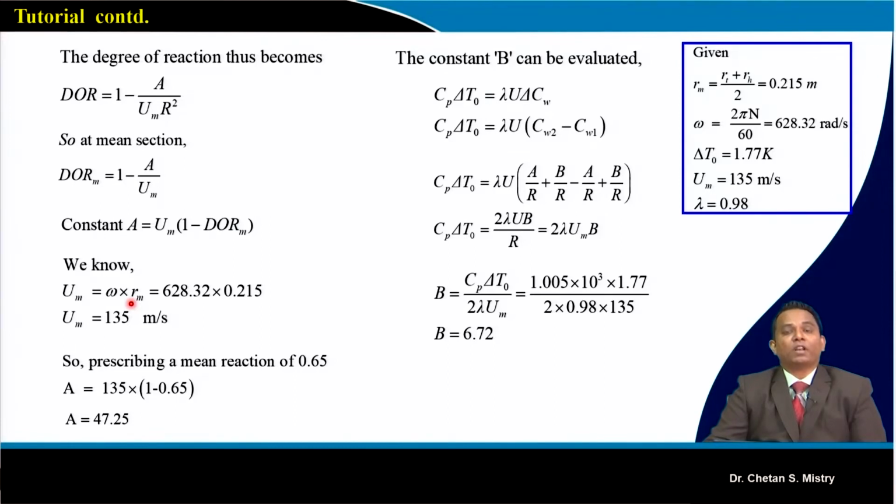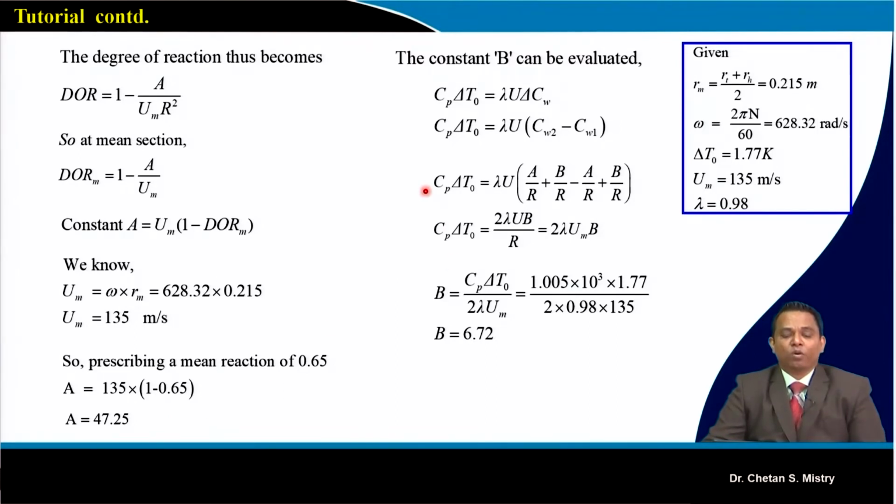Since the hub radius and tip radius are given, I can calculate the mean radius, and omega we have already calculated based on 2 pi n by 60, which is 628.32 radians per second. So we get our mean peripheral speed as 135 meter per second. Since the degree of reaction is known to me, I can calculate the constant A, which comes to 47.25. This is my capital A.